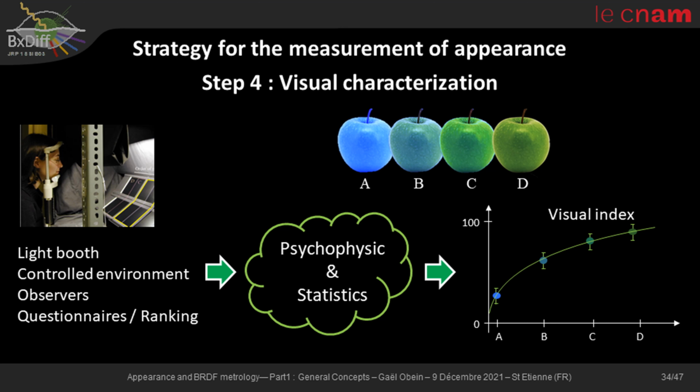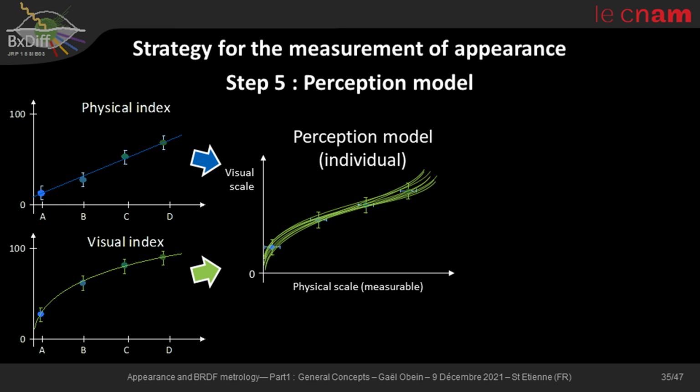And once you have this, you have your physical scale on one part and your visual scale on the other part. You can plot the visual scale according to the physical scale. And you get what we call a perception model.